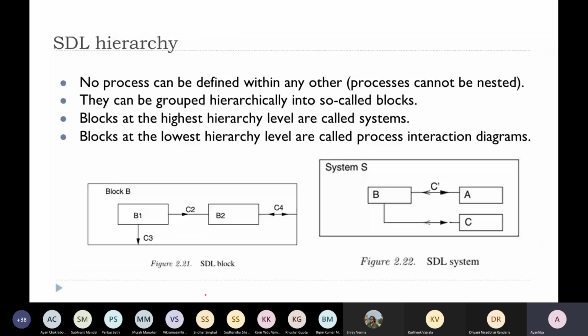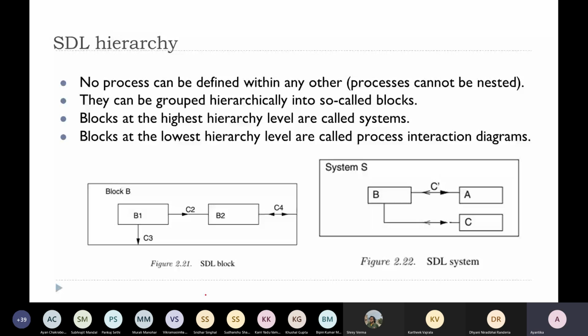Another concept here is that SDL maintains a hierarchy. Think about when you wrote your elevator problem: one block we named request resolver, another one maybe unit control or something like that. Now this unit control, you can think of as a big process, maybe one block.